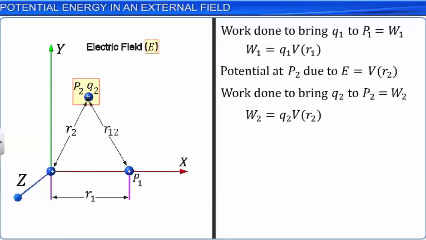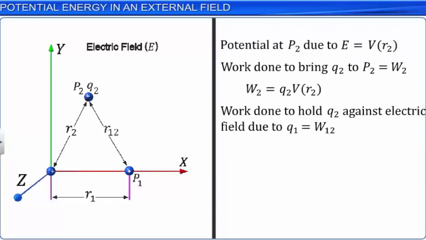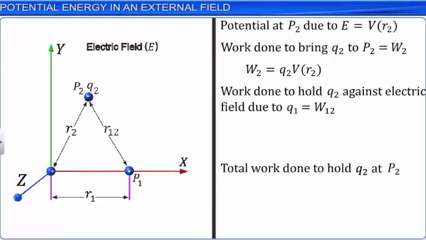Work done to hold Q2 against the electric field due to Q1 is expressed as W12, which is equal to 1 by 4 pi epsilon naught into Q1 Q2 by R12. The total work done to hold Q2 at rest at P2 is Q2 into V of R2 plus W12.